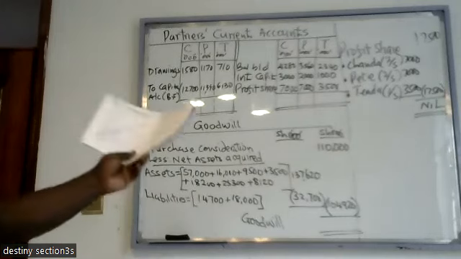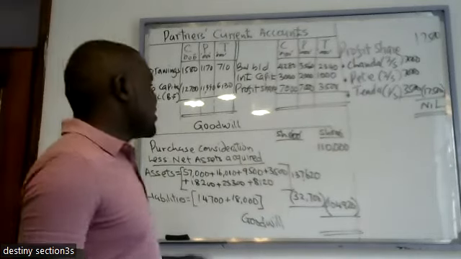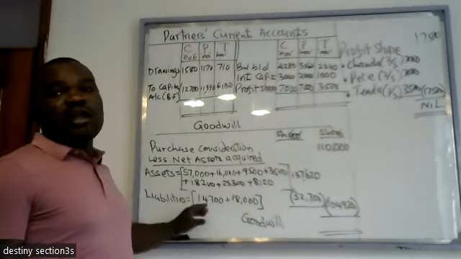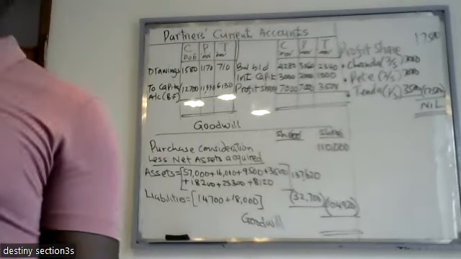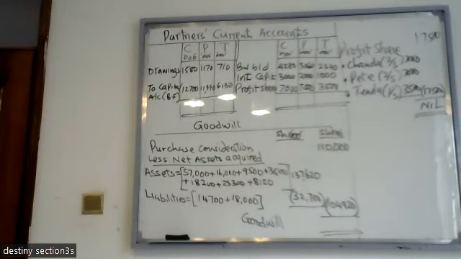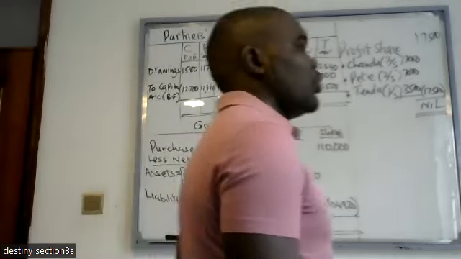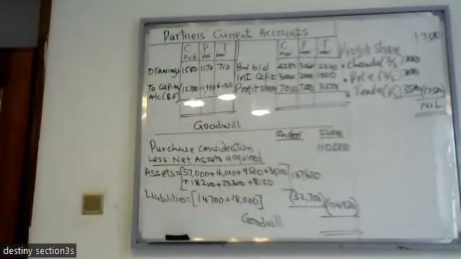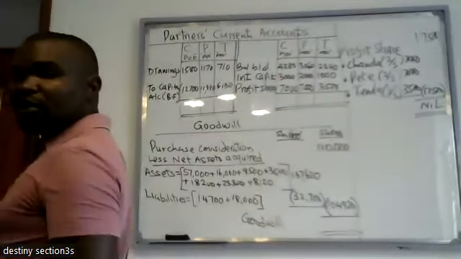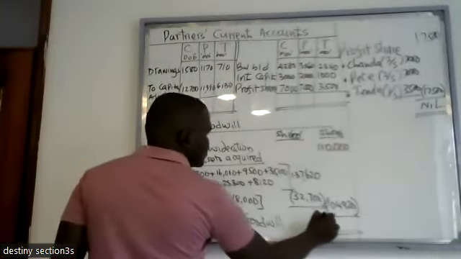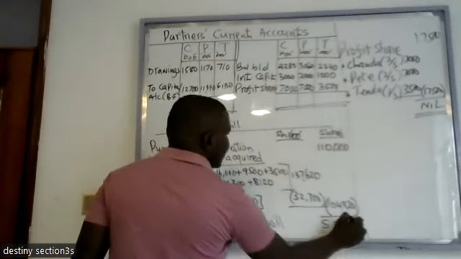You take the purchase consideration, then the net assets, which are the assets taken over minus the liabilities. So 110 minus that, how much is goodwill? Goodwill is 5,080.